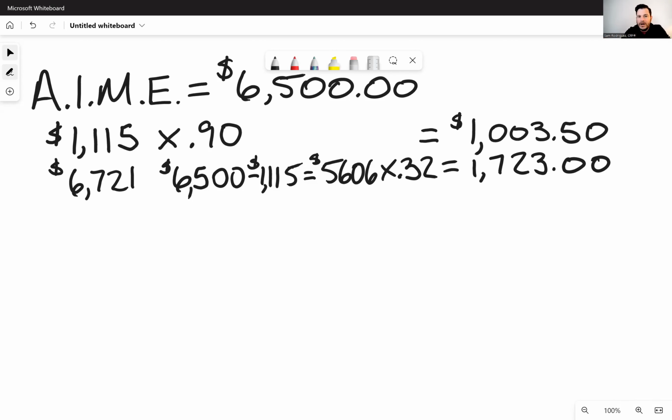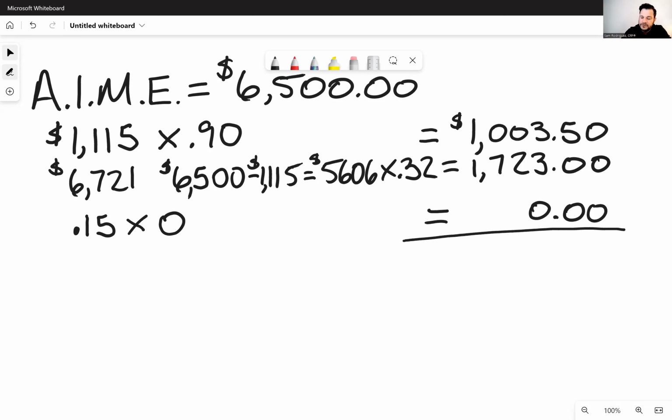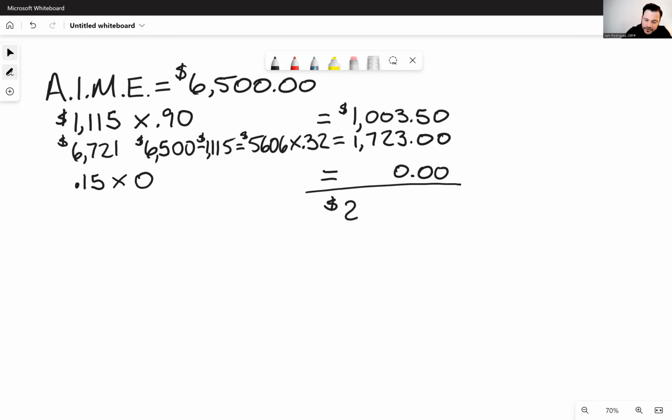We would have taken whatever amount was above 6,721, and multiplied it by 0.15. But in this case, we have nothing above $6,721. So we are multiplying 0.15 by 0 to give us a total of $0.00.